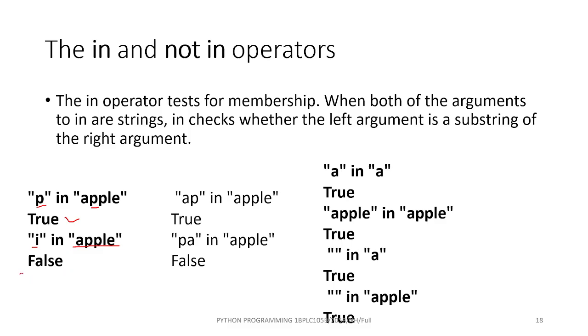If not there, it returns false. In this example, it checks whether AP is there or not, whether PI is there or not, whether A is there in A, whether apple is there in apple, whether nothing is there in A, whether nothing is there in apple. All these are the useful things which use in or not in.